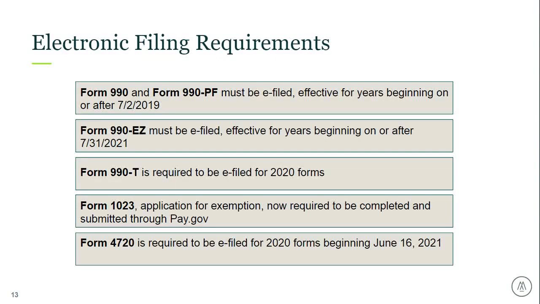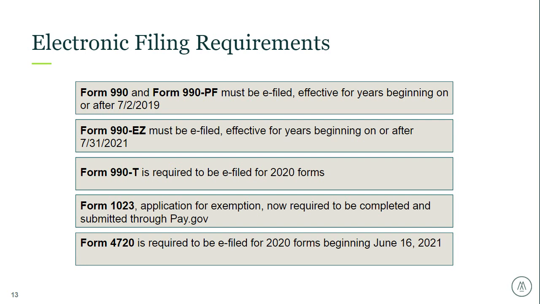Okay, so one of the goals the IRS has had these last 2 years was to modernize its technology. And so as a result, the IRS is now requiring that all forms 990, 990-EZ, PF, and Ts be e-filed.